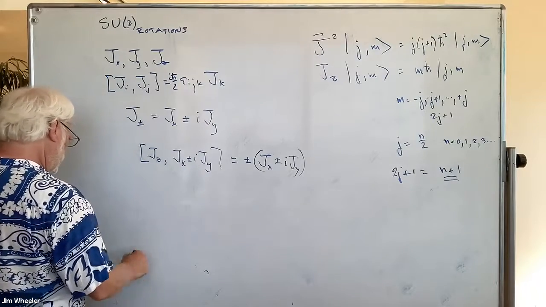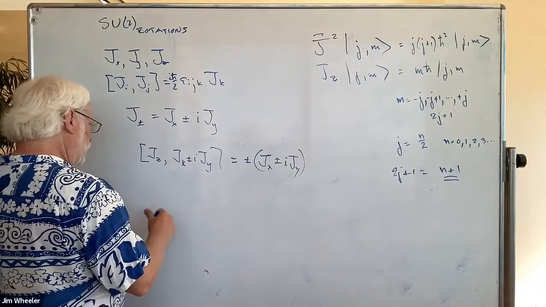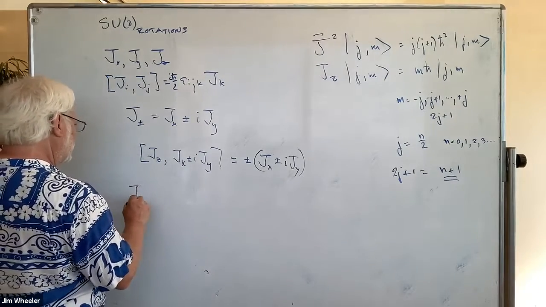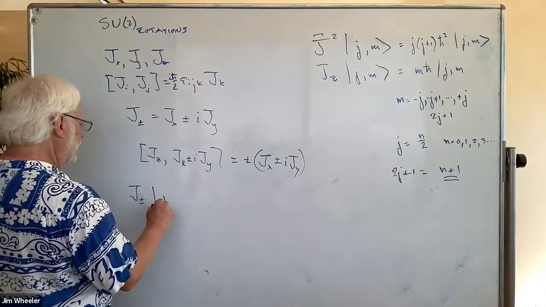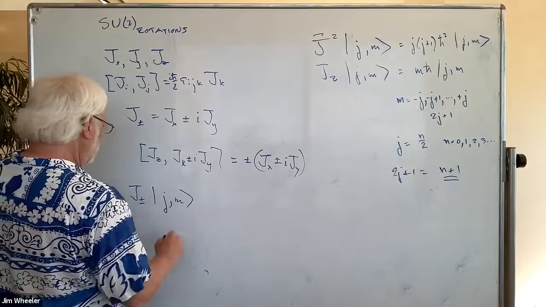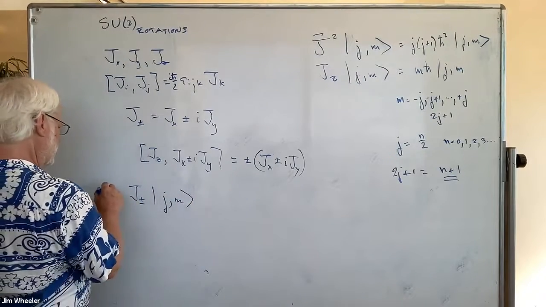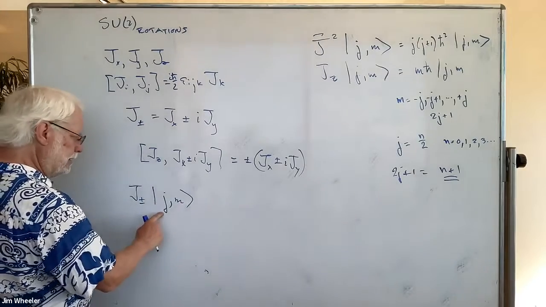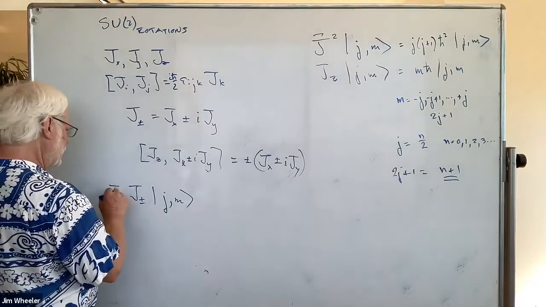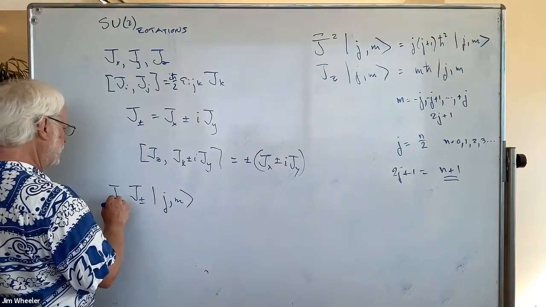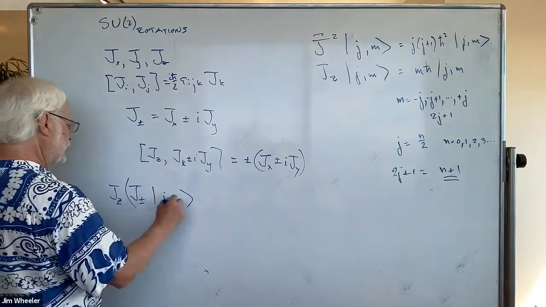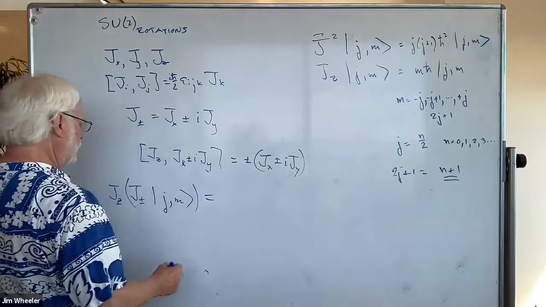Then we know what J plus and J minus do on a JM state. It cannot change J, but JZ does change, and we just work that out.